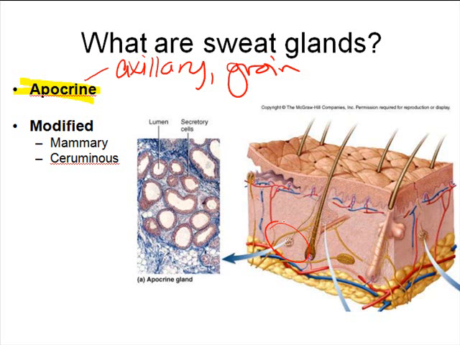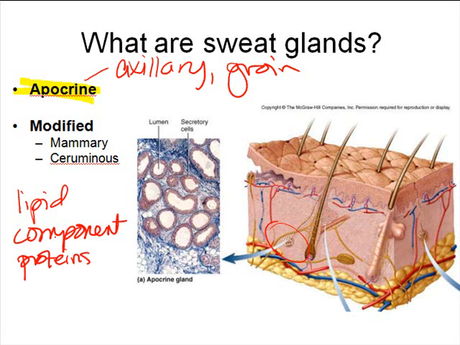They primarily make a type of sweat that has a high lipid component to it. So it's still a filtrate of blood, but it has a lot of fatty acids in it. It has some proteins in it. And as it turns out, we have a lot of bacteria that hang out in places like the underarms.